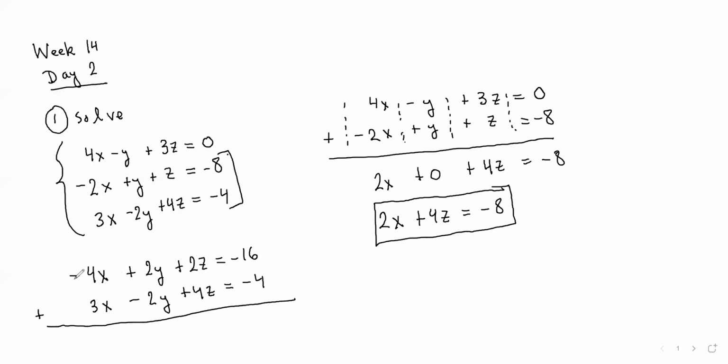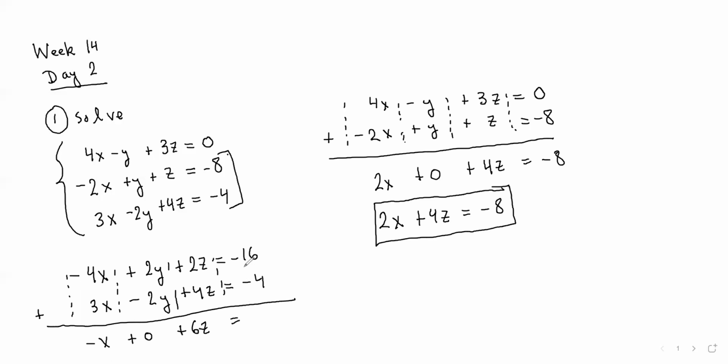We want to take the sum of these, so we just add column by column. We sum the x's, then the y's, and then the z's. Minus 4x plus 3x is minus x. 2y minus 2y is 0, so plus 0. 2z plus 4z is 6z.